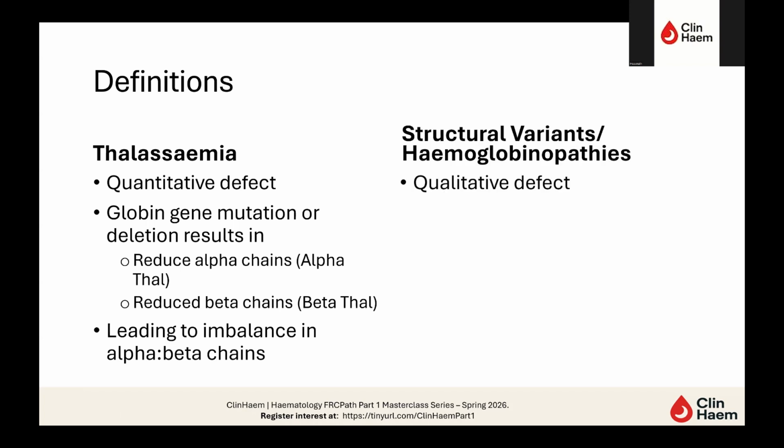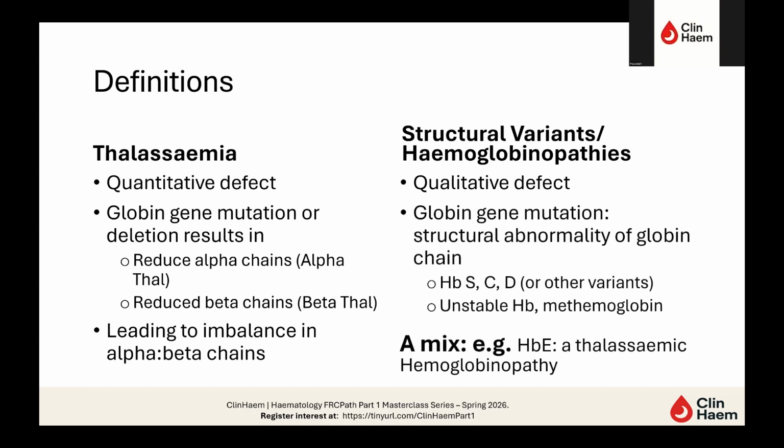And as opposed to them, the structural variants, also actually called hemoglobinopathies, are qualitative defects, as you know, and they're again mainly from mutation in the globin gene. And depending on the mutation, it leads to a particular variant like HbS, HbC, or it can lead to unstable hemoglobin or methemoglobin, etc. And you can have a mix of the two. So there are conditions in which a person would make less hemoglobin, and whatever they make is actually abnormal as well.